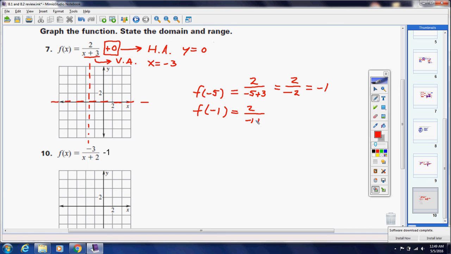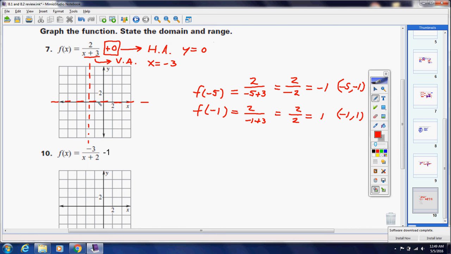Negative 1 plus 3 is going to be 2 over 2. It's going to be 1. So let me plug in those values here. This is x comma y. Our x value was negative 5, y value is negative 1. Here our x value is negative 1, and our y value is 1.